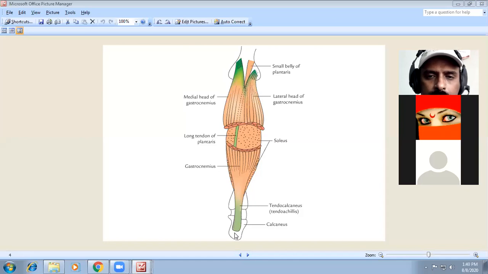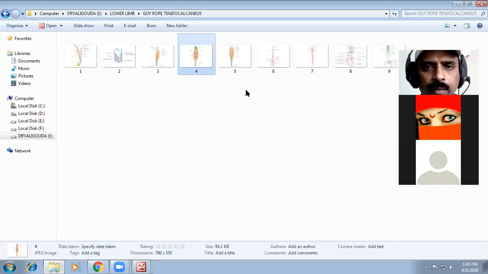In the Trojan war, Achilles, the great warrior, was killed because arrows hit his vulnerable tendon, the tendocalcaneus. So this is all about the tendocalcaneus. These are the short notes we have studied.